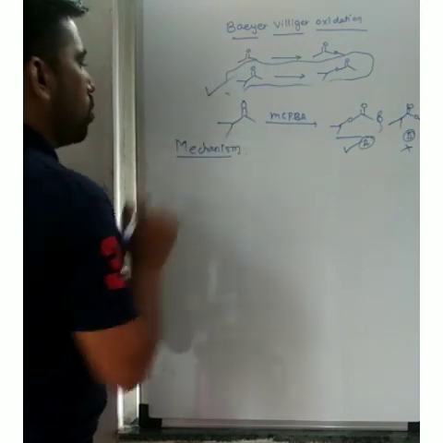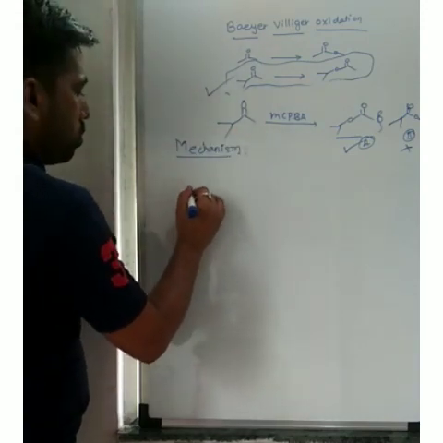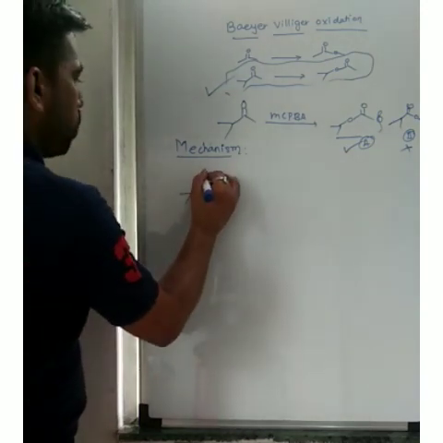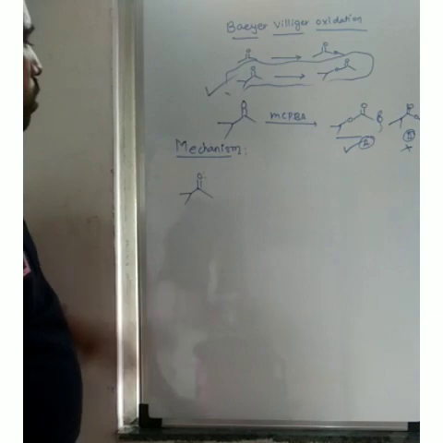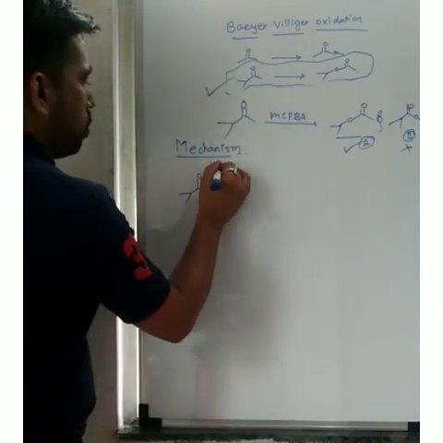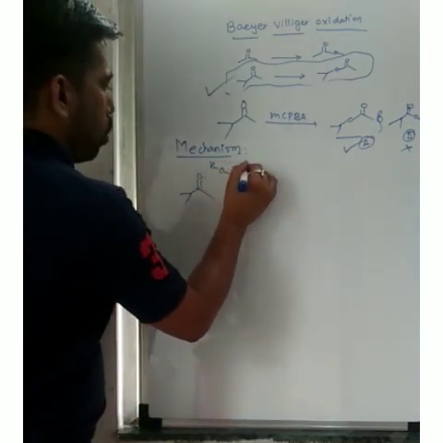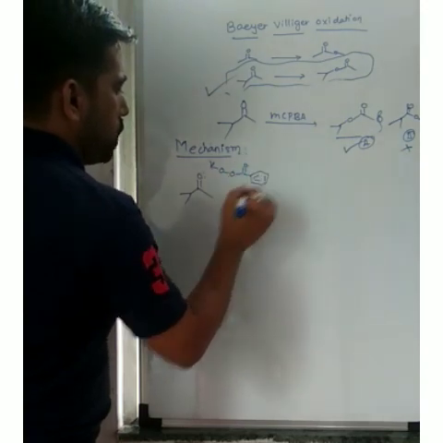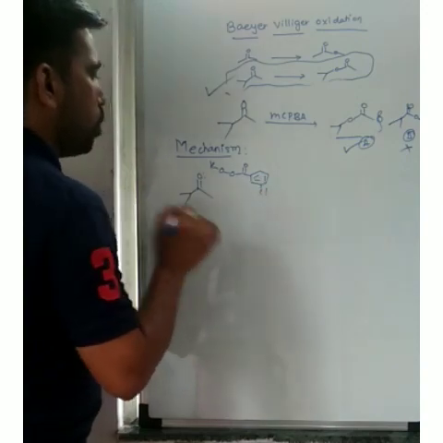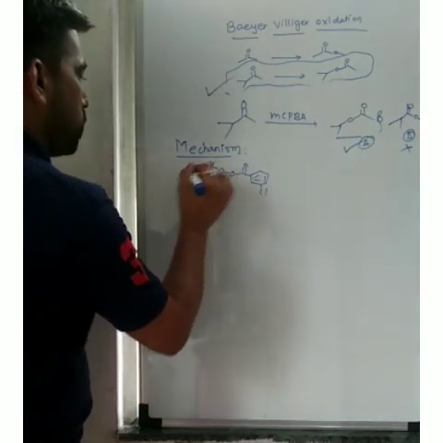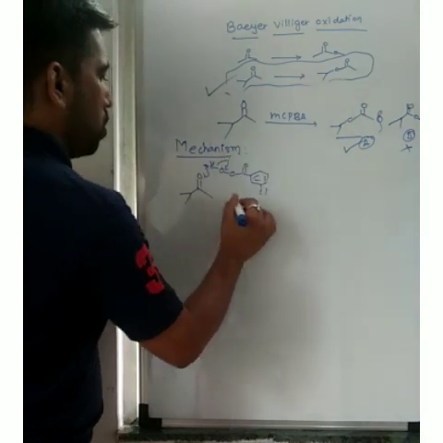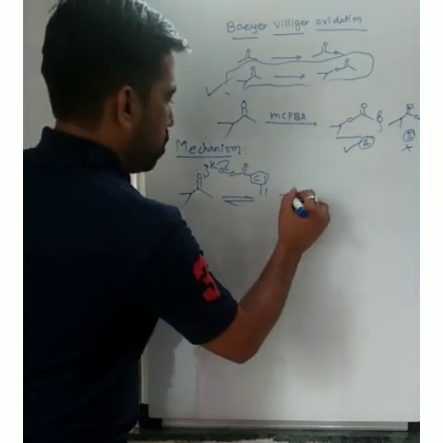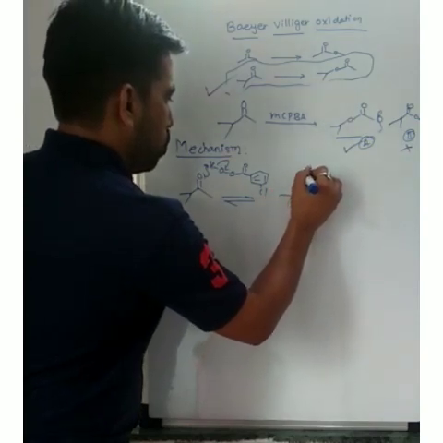In the first step, the lone pair present on the oxygen abstracts the proton from metachloroperbenzoic acid, or simply MCPBA. This is an equilibrium state. Now we get C double bond O, OH.